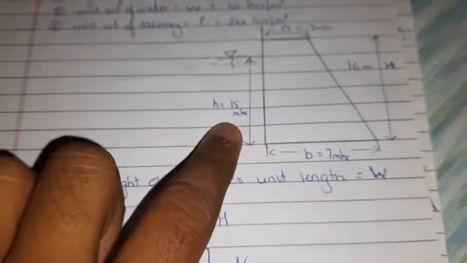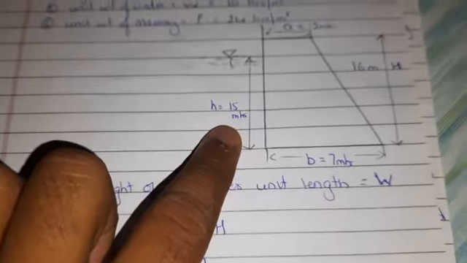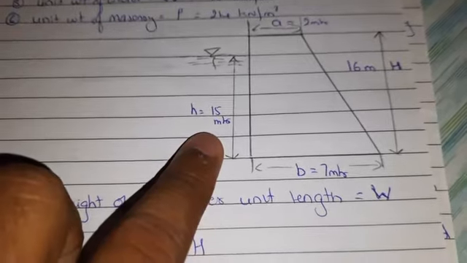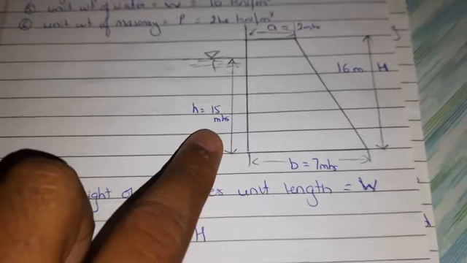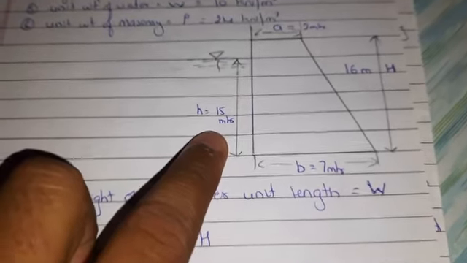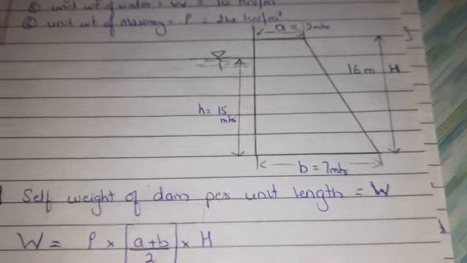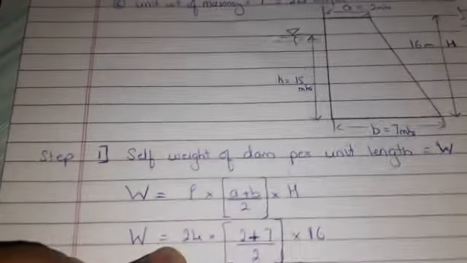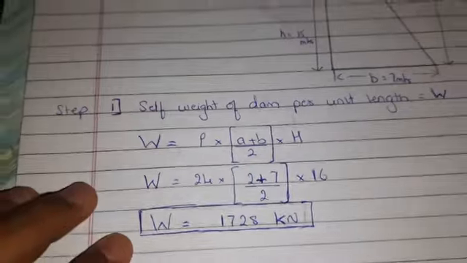These are the given details as per the question paper. So the first step is to draw the diagram as per the given details. After this diagram, we will start with the solution part.